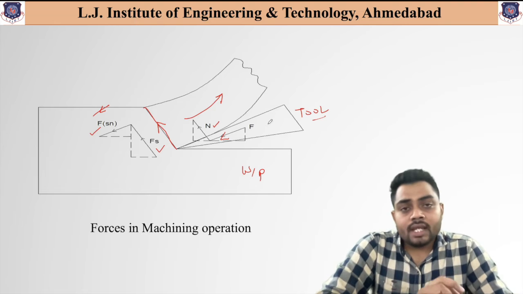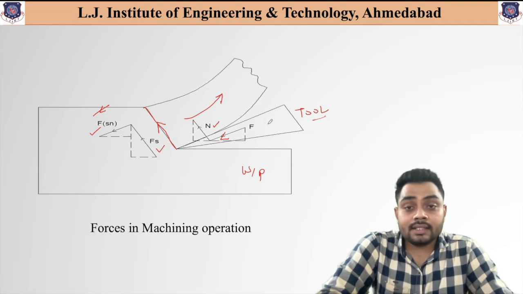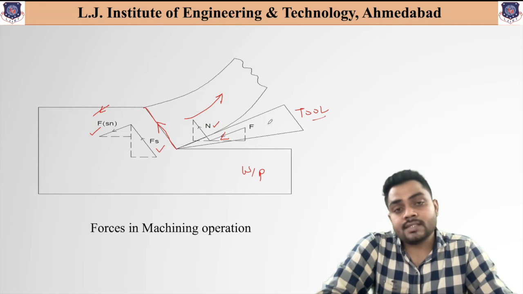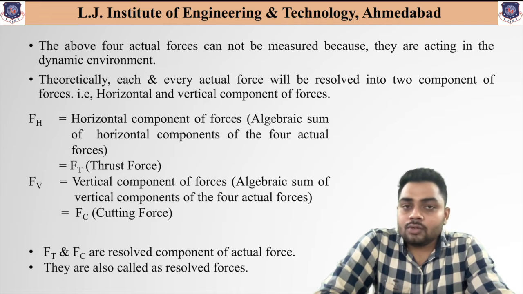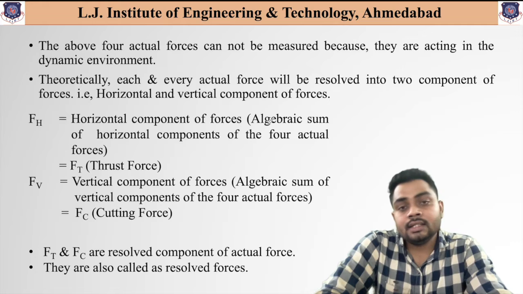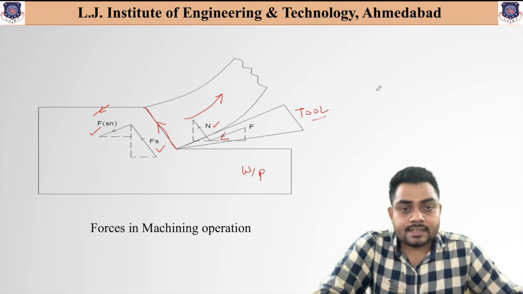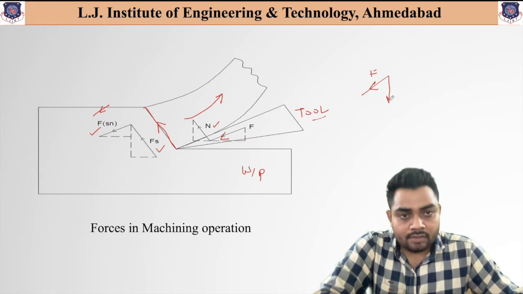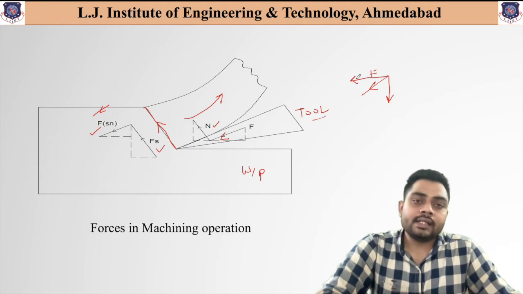As this process works in a dynamic environment, these forces are not possible to measure. So to obtain the relationship, we can theoretically resolve these forces in the horizontal and vertical directions. For example, the force F acting in this direction can be resolved in the vertical and horizontal directions.